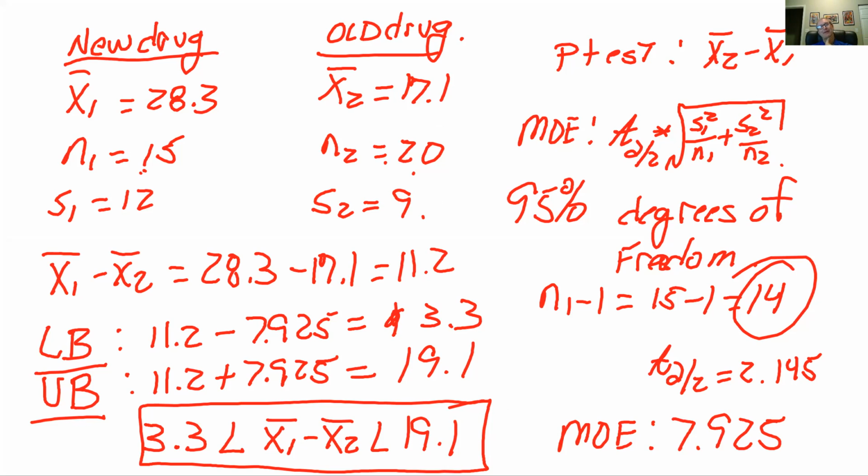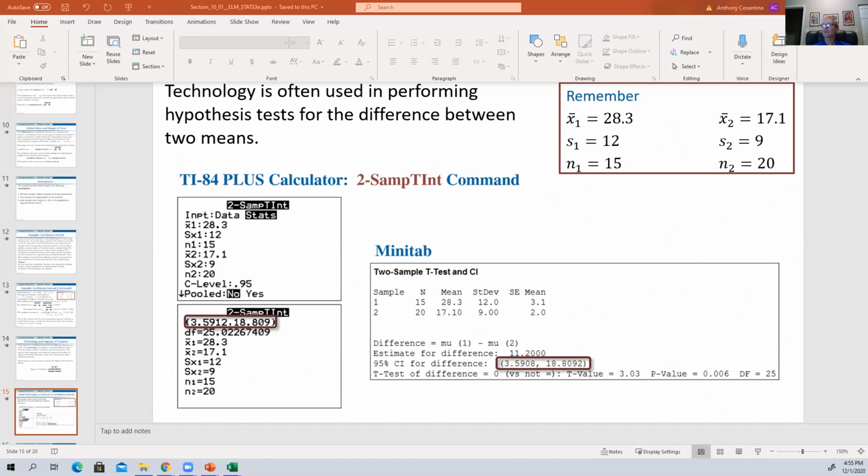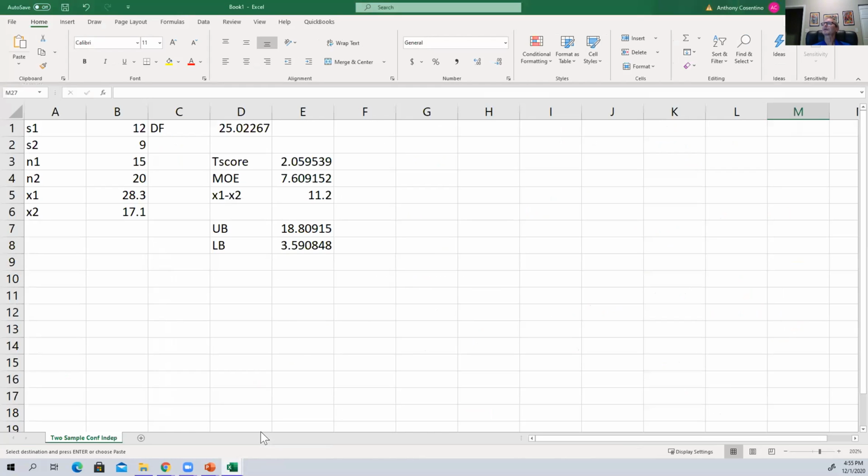Not too bad, right? But if you're looking for a more accurate calculation, you can use your calculator. So what I did is generated a spreadsheet for everybody that you would be able to use as well. And let me show you what that spreadsheet looks like.